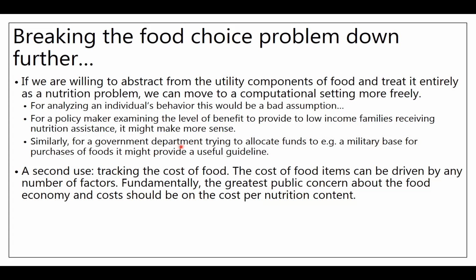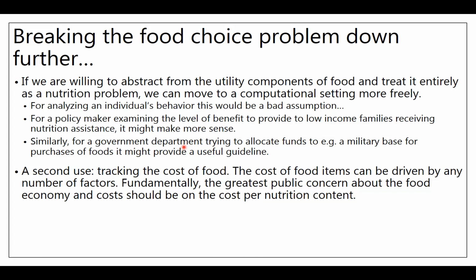Another example: if you're a government department trying to allocate funds, maybe for a military base on food purchases, this kind of model might provide a guideline, right? You are feeding in mass, and you have to procure a lot of food items and prepare meals, so you have to meet these nutritional constraints, and maybe some other ones.